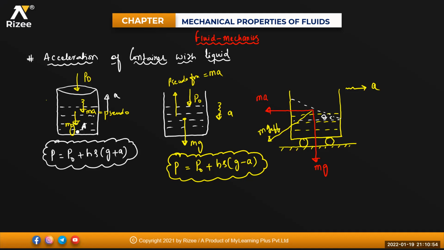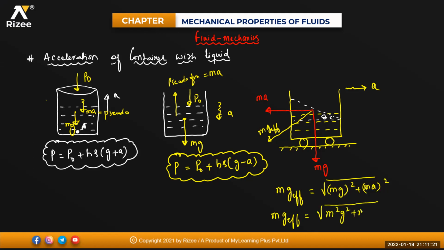So m into g effective will give me what? m into g effective will be equal to, as the angle between them is 90 degrees, the square root of (mg) whole square plus (ma) whole square. So m into g effective is equal to the square root of m square g square plus m square a square.